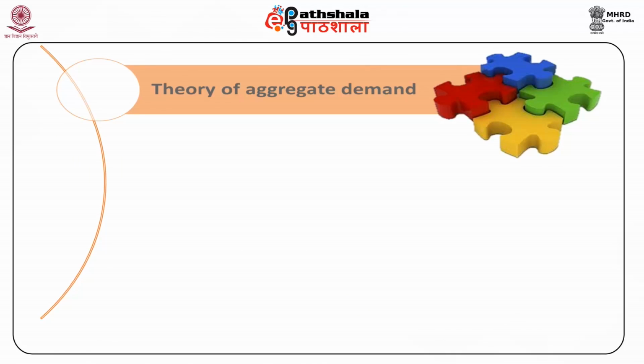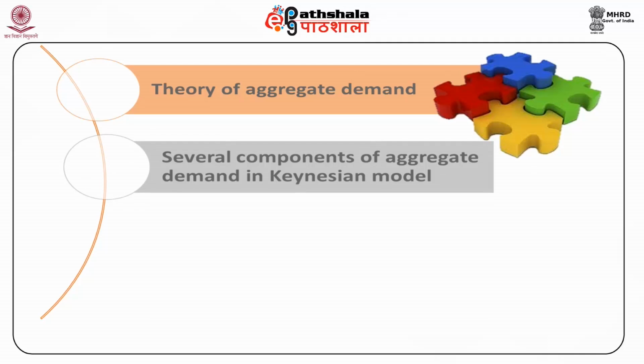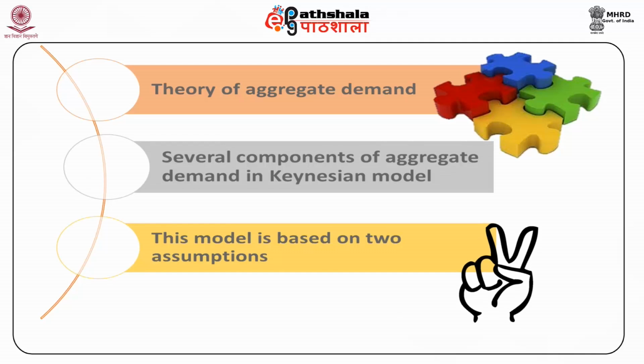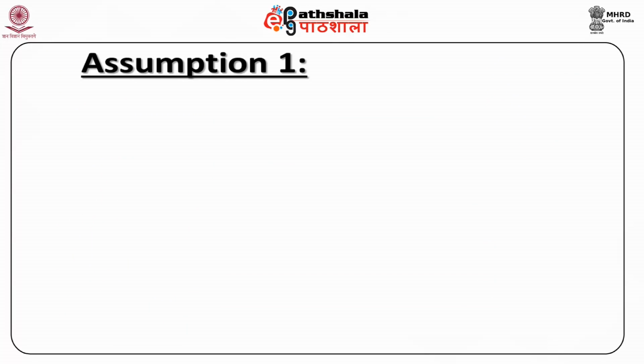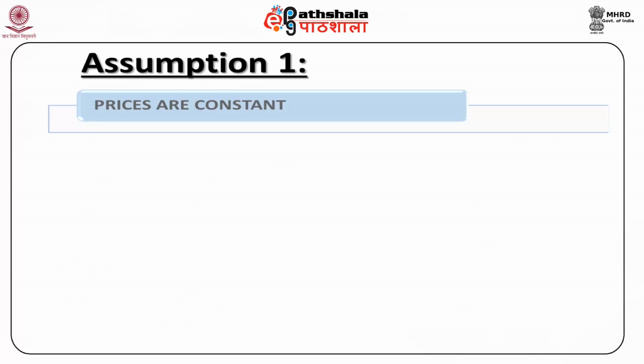The present module attempts to introduce several components of aggregate demand in the Keynesian model. This model is based on two assumptions. First, the prices are constant.